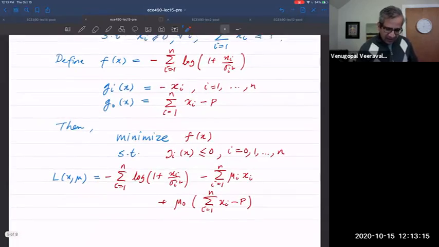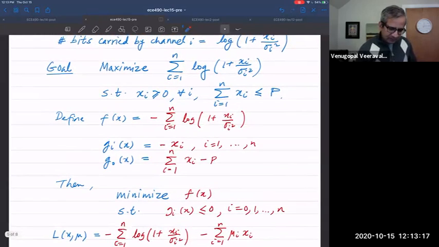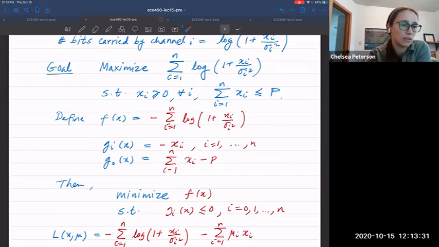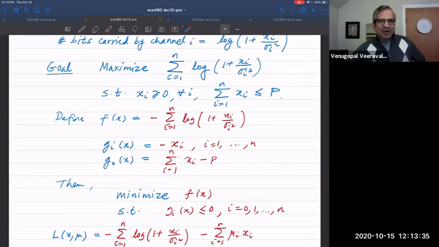So we know that this constraint is active, so G0 of x star equals 0. But what about these guys? Can they all be active? No, because then they would all be 0, and then you can't have the sum equal. If they were all 0, then the last constraint wouldn't be active. So at least one of those constraints has to be inactive.